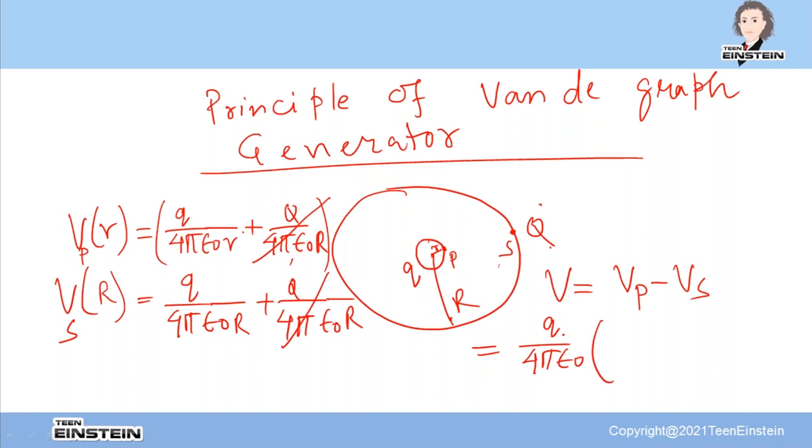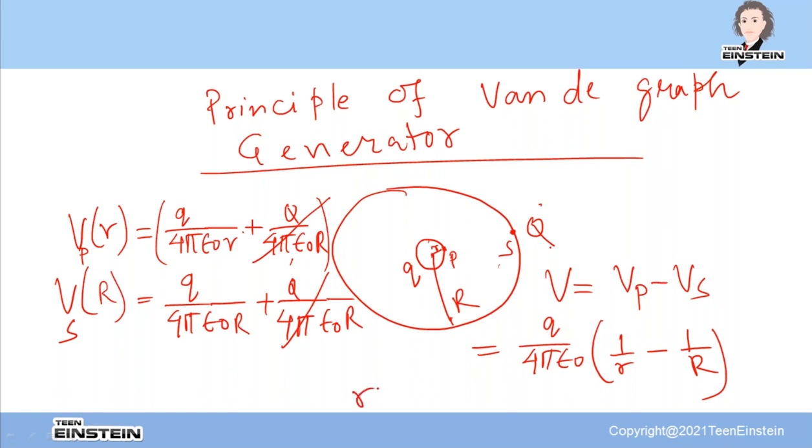Now look, this small r is always less than capital R, isn't it? That means this term will be always greater than this term. That means this potential difference will be always positive. Always positive, okay?